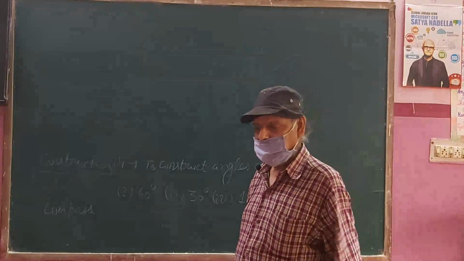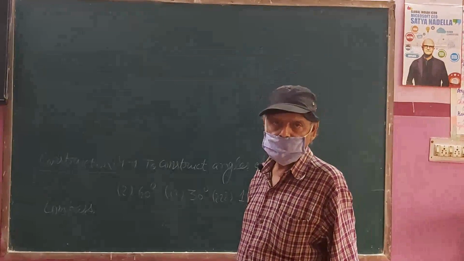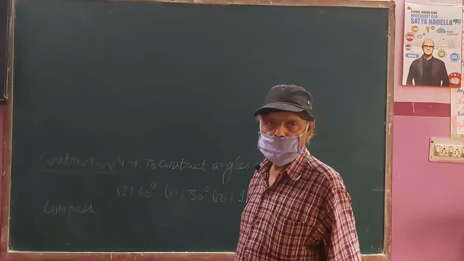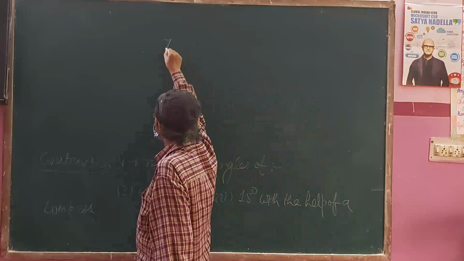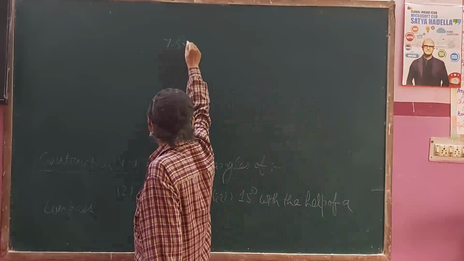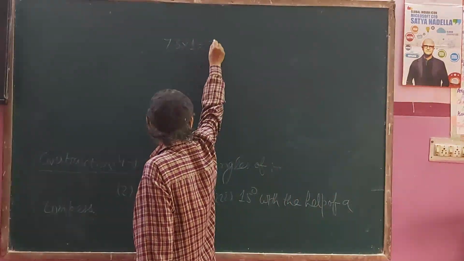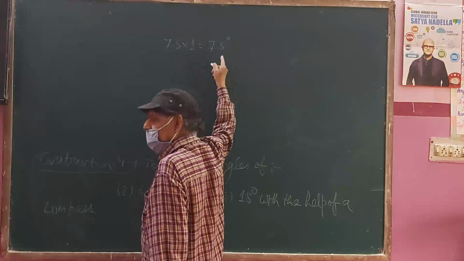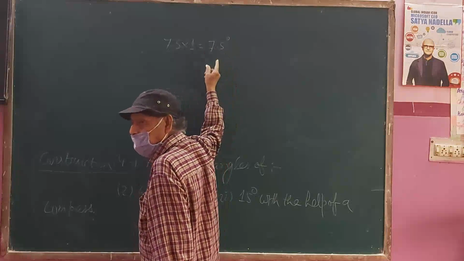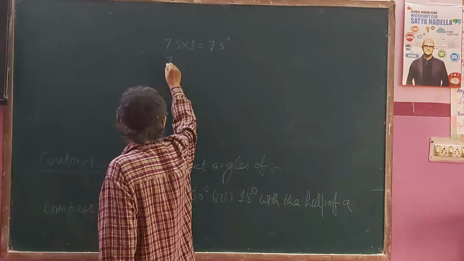No other angle can be made with a compass, only multiples of 7.5. See, some calculation: 7.5 ones are 7.5. So you can make this angle of 7.5 degrees with the help of a compass. Similarly, we can do like this.